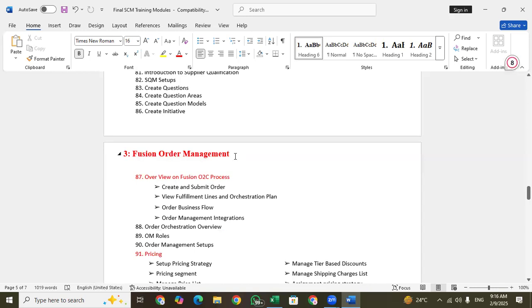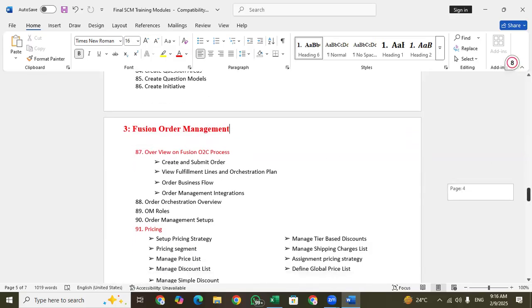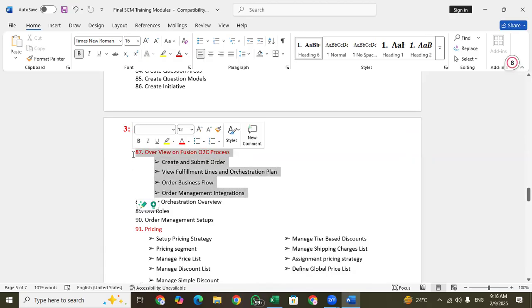Since it integrates a lot of modules and the sources of collections are huge, most consultants do not prefer to perform order management activities. It is a very tricky module. But if you understand the logic, order management is very easy.